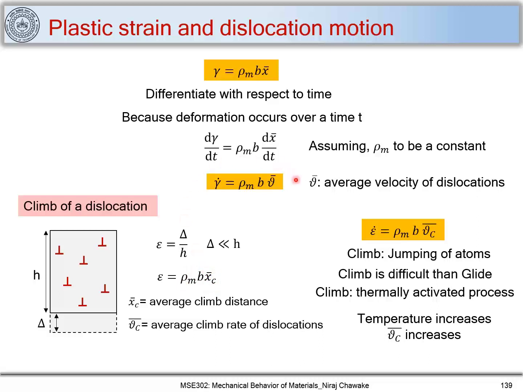And similarly, if you differentiate this relation, we can find a relation between strain rate in terms of dislocation density, Burgers vector, and average velocity of dislocations for both glide and climb of dislocations. These kinds of relations are called the Orowan equation. With this, I will stop here.